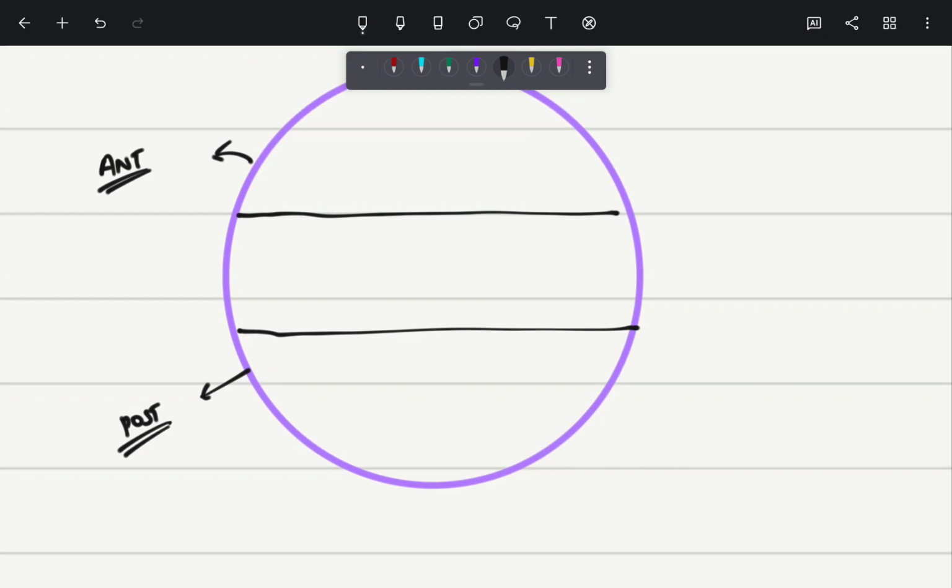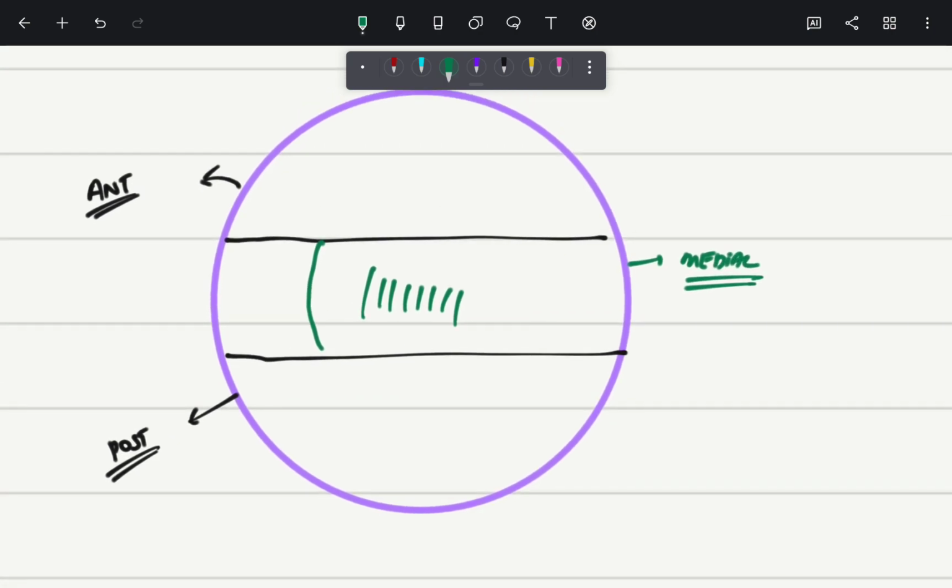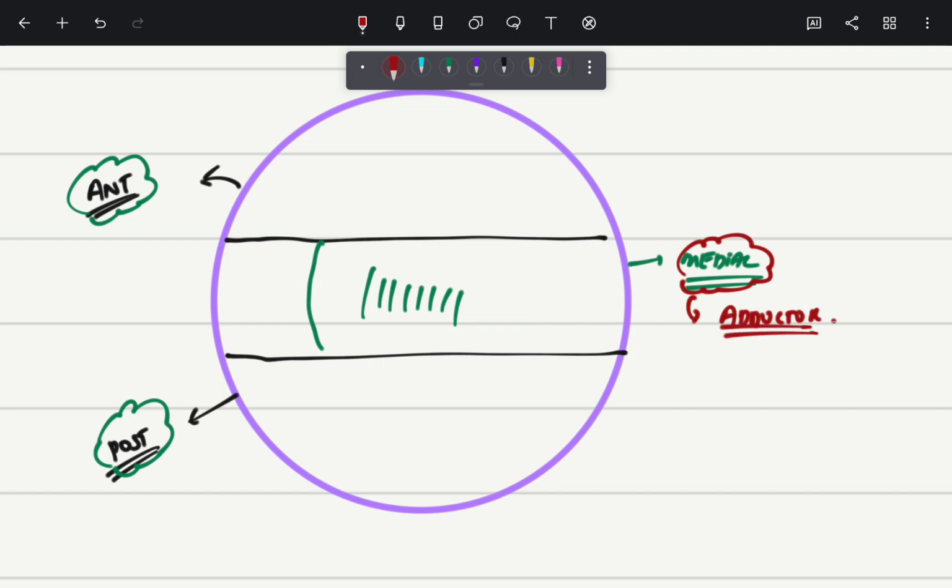So not only that, we have medial compartment also. So all this is your medial compartment. Okay, first we will talk about the muscles present in the anterior compartment, then we will talk about the muscles present in the posterior compartment. Finally we will talk about the muscles of the medial compartment, which are mainly your adductor muscles of the thigh.